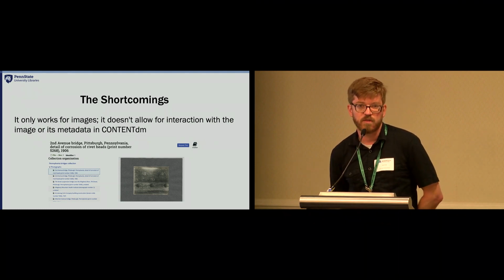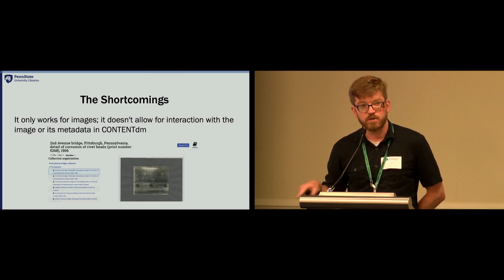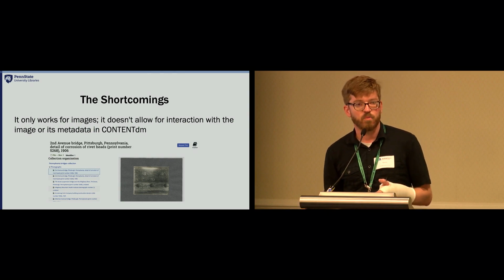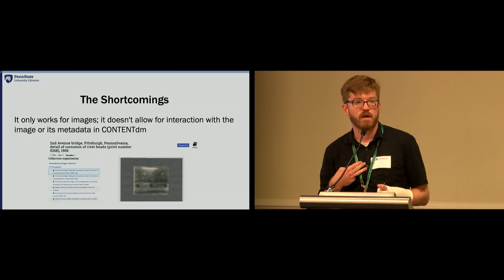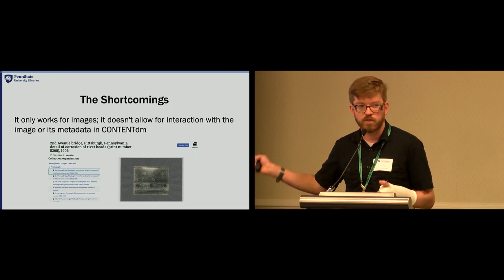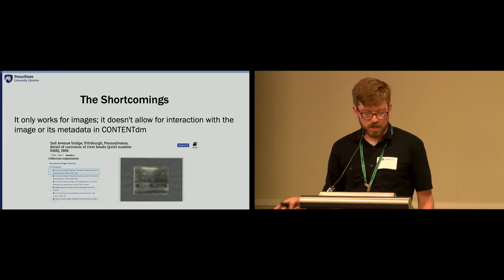So you can see the thumbnail of the image there, but if somebody wanted to zoom in on particular details of it or interact with the metadata, we don't fully describe our digital objects in ArchivesSpace. We use ContentDM at Penn State, and we rely on the content. If people want to learn more about an image, they have to click through and see it there. So there's no way to see that metadata in ArchivesSpace.